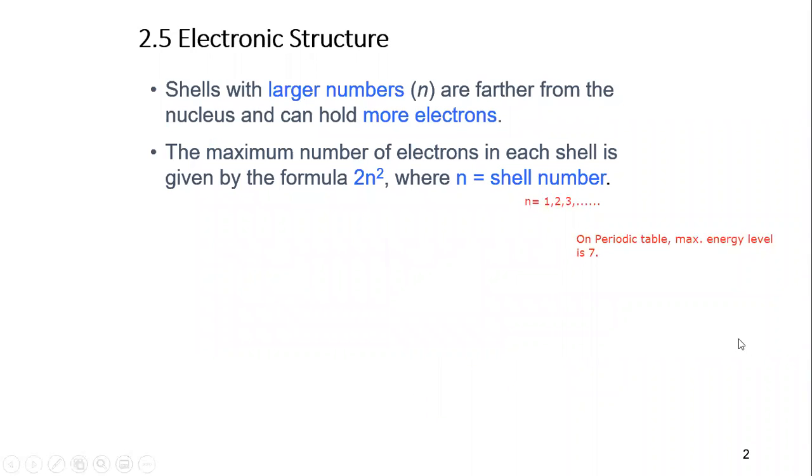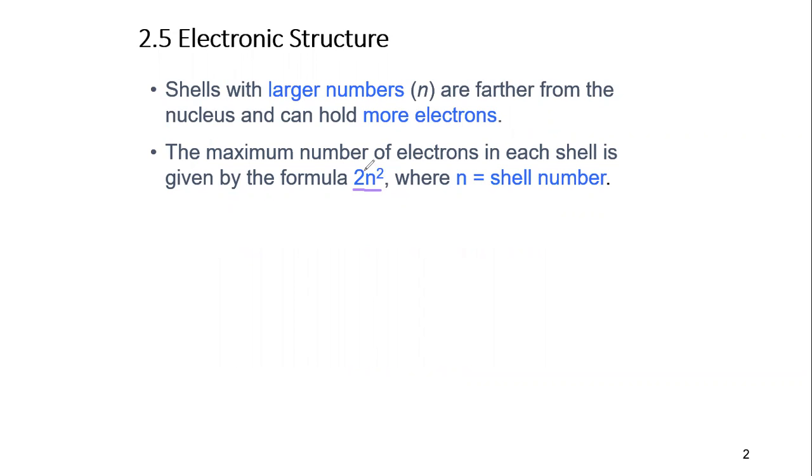And the way we can determine the number of electrons in an energy level is by using this equation here, which is 2n squared. So n is the energy level. You square it and then multiply it by 2, and you get the maximum number of electrons in that particular energy level.